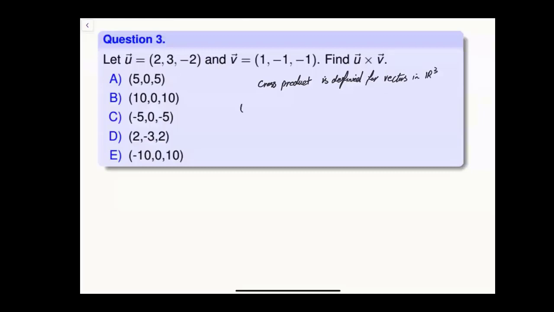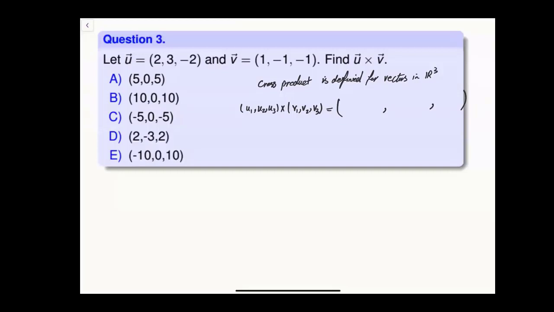And the way it works is this. So you have two vectors. You want to find the cross product of these two. The cross product of two vectors is another vector with three components.